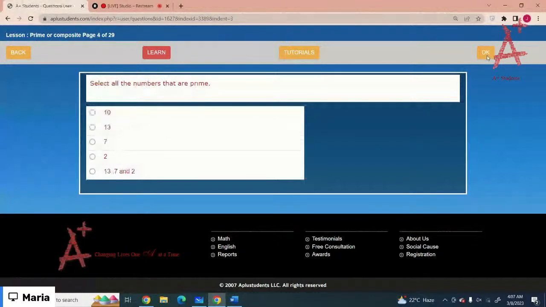Select all the numbers that are prime. 10, 13, 7 and 2. Which numbers are the prime numbers? 13, 7 and 2. Got it? They are all the prime numbers.